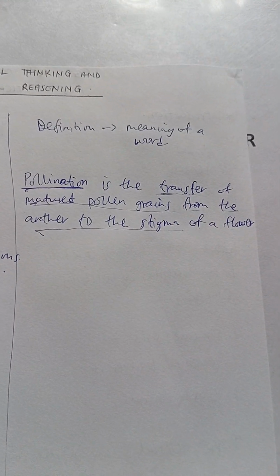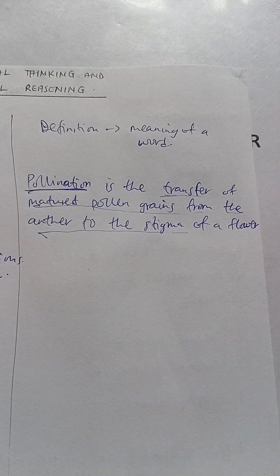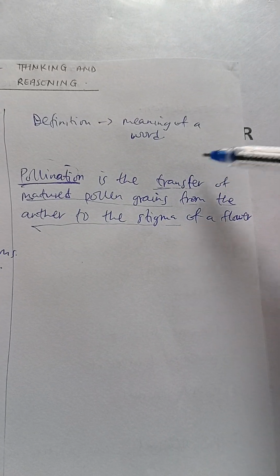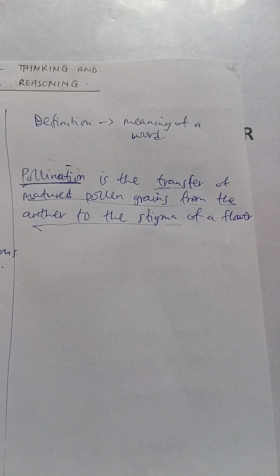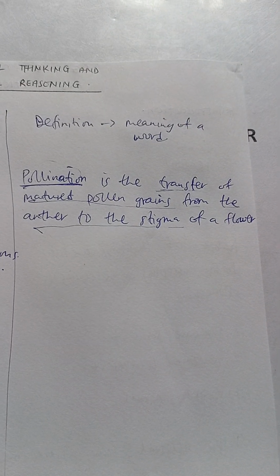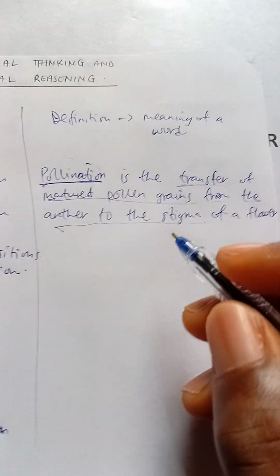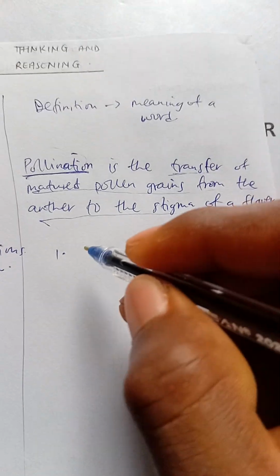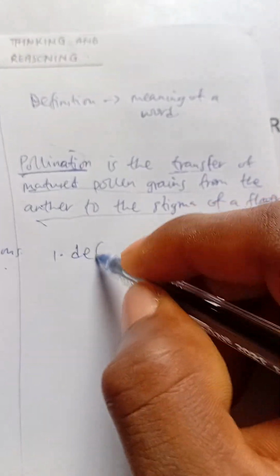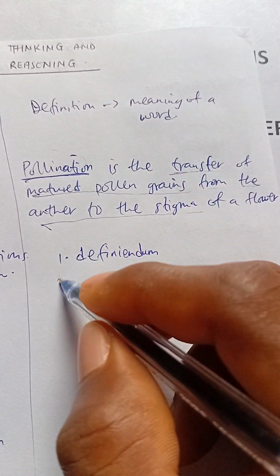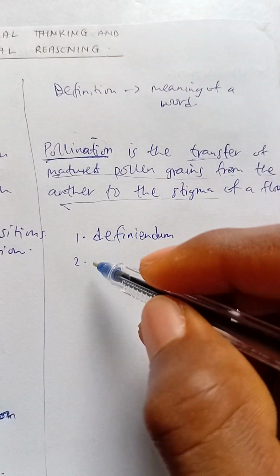So basically, I've divided the definition into two main parts: the actual word being defined, and then the rest, which explains the term or the word. So the word itself, we are going to call it what? Guess what? We are going to call it definiendum. So we call it definiendum, and the rest of the sentence, we are going to call it what?